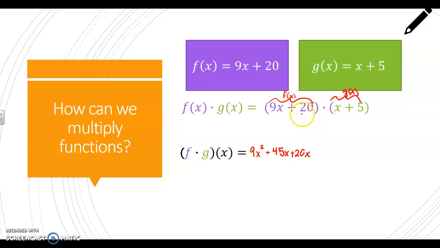And then for our last terms, we have 20 times 5, which gives us 100. So we can simplify this down. We can combine those middle terms. So we have 9x squared plus 65x plus 100. So that's what f times g of x is.